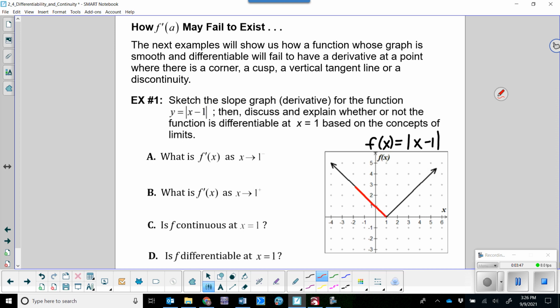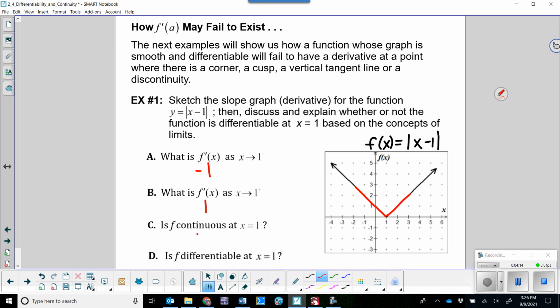So the derivative is going to be the slope of that line, and that slope is negative 1. So f prime on the left side is negative 1. F prime on the right side, which is part B, is the slope of this line, and it is going to be positive 1.